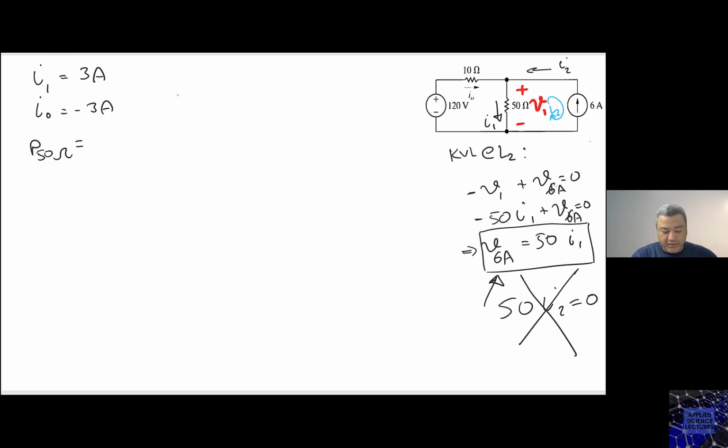We have I1, so 50 times I1 squared. I1 is 3 squared, 9, 50 times 9 is 450 watts.